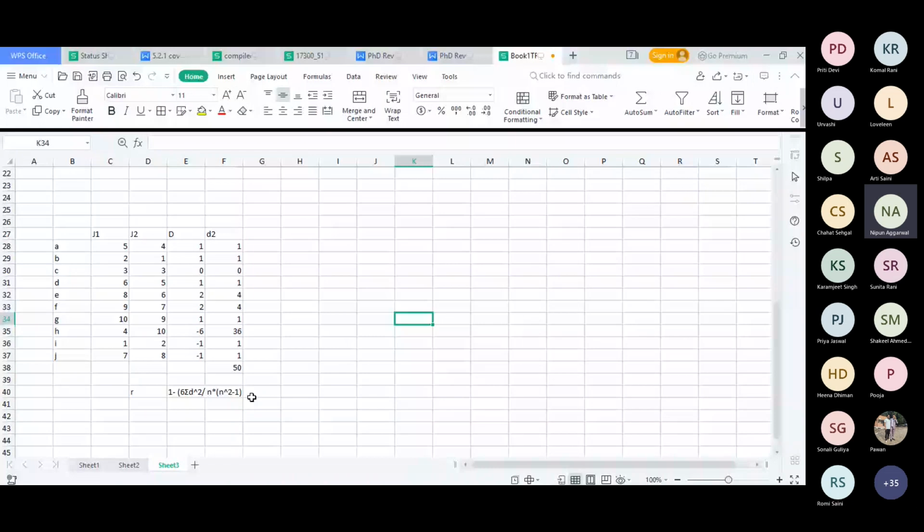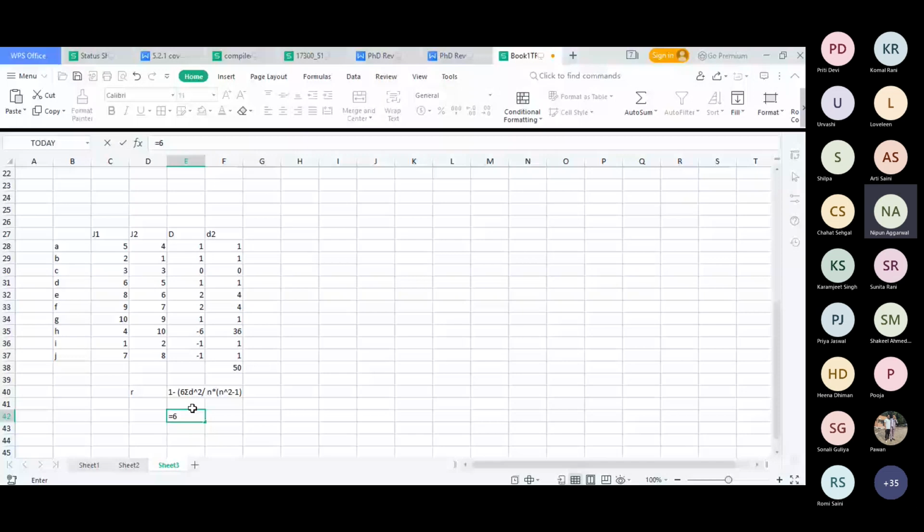Now if you apply the formula, r is equal to 1 minus 6 sigma d square divided by n into n square minus 1. We'll divide it in phases. First we'll calculate 6 sigma d square. That will be equal to 6 multiplied by summation d square.